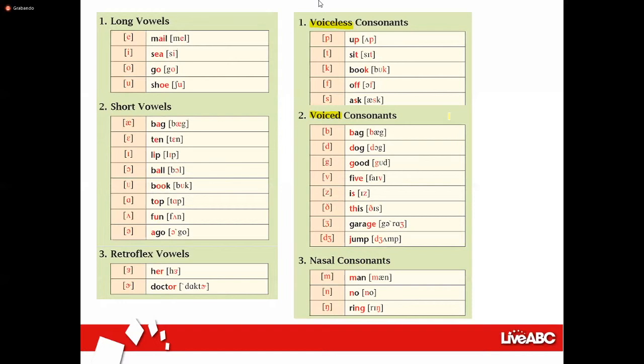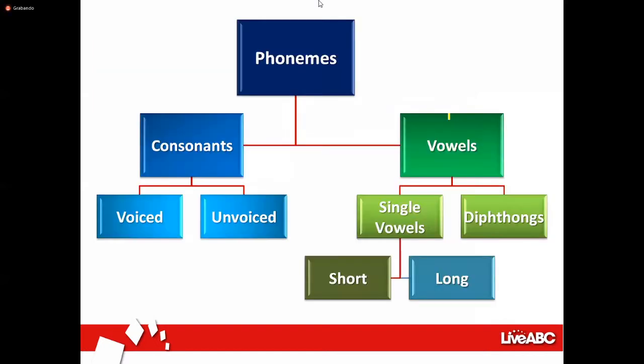And if you remember, we were speaking about the segments or the segmental features. Phonemes, teachers, are divided in two parts. We have consonants and we have vowels. Consonants can be voiced or unvoiced, homework for the next time we meet. And vowels are always voiced because they always make a sound. That's the basic definition. Vowels can be divided into different sections.